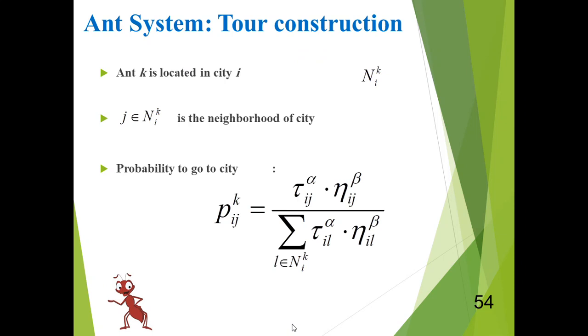Ant K is located in city I, and N_i^k is the neighborhood of cities.